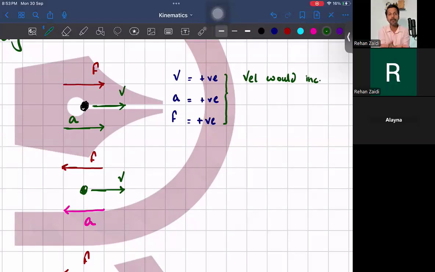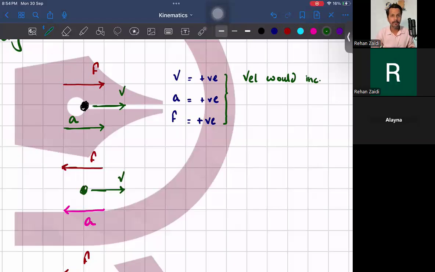So definitely my velocity would increase. If a ball is rolling towards the right and you kick it further towards the right, it will move with an increased velocity, because the force was in the direction of the velocity itself. So the object accelerated in the same direction.